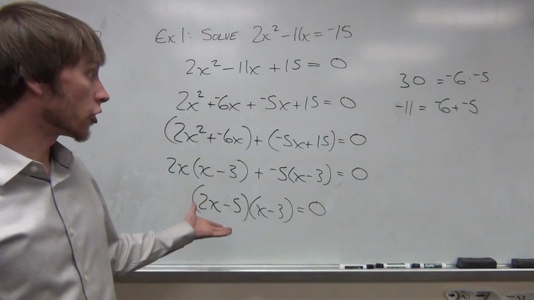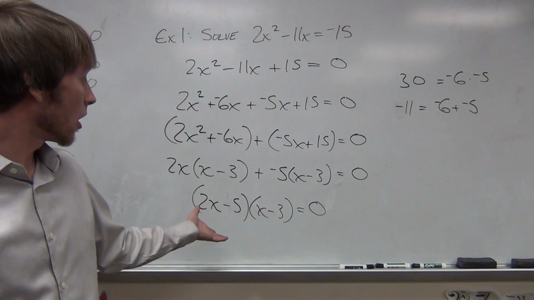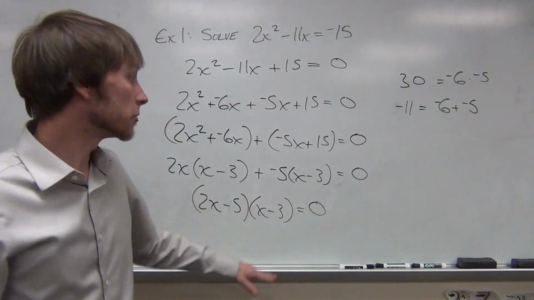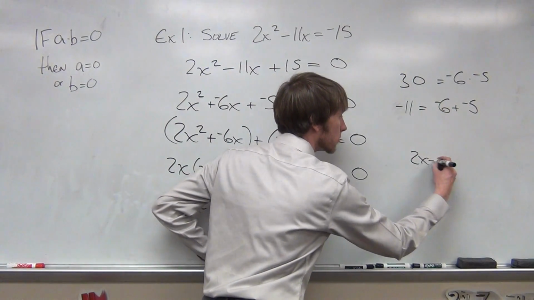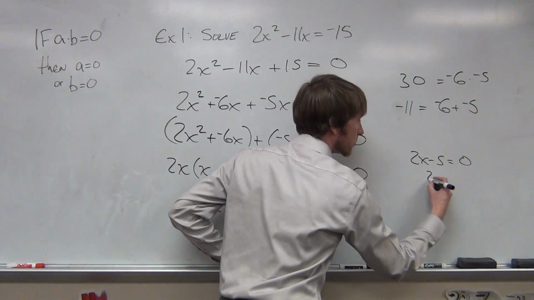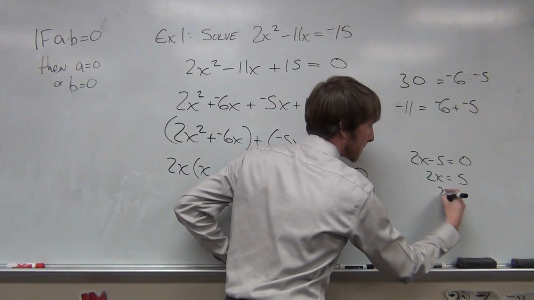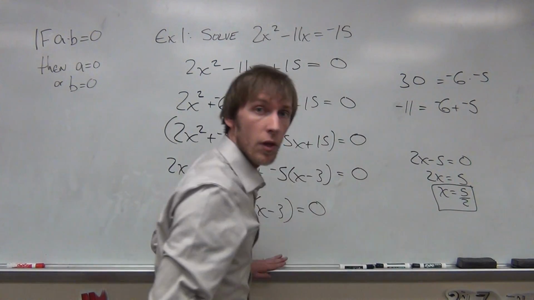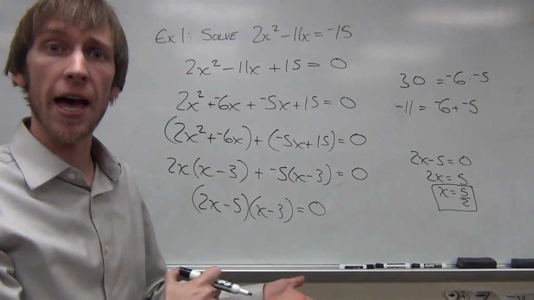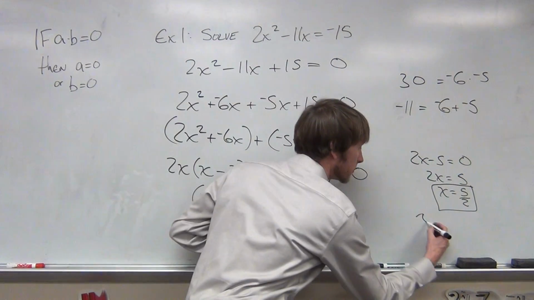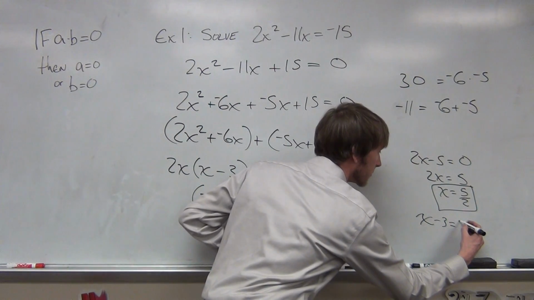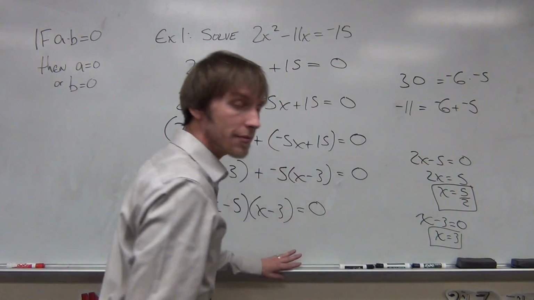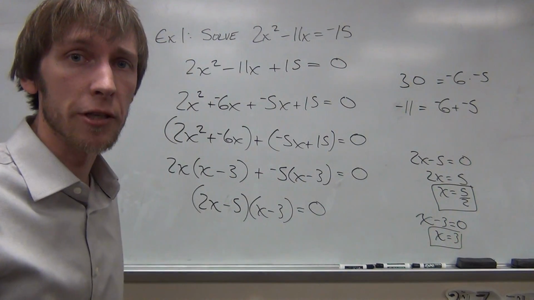So what we'll do is we'll solve both equations, 2x minus 5 equals 0 and x minus 3 equals 0. One solution is x equals 5 halves. The other solution is x equals 3.